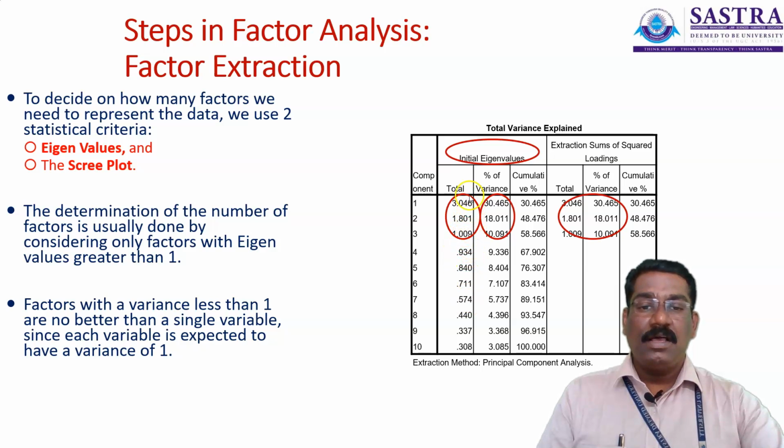But these three dimensions have eigenvalues. So we can conclude that three factors have emerged by looking at the variance and the eigenvalue. Factors with variance less than 1 are no better than a single variable, since each variable is expected to have a variance of 1.